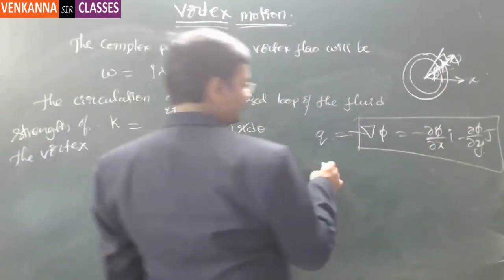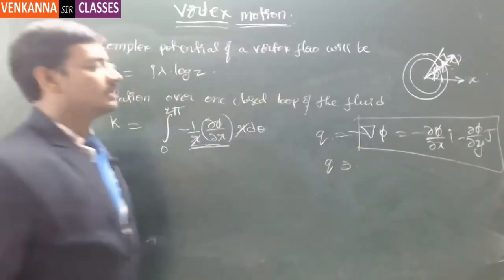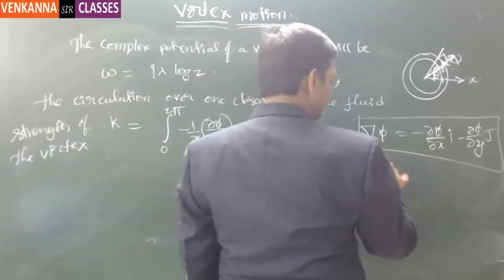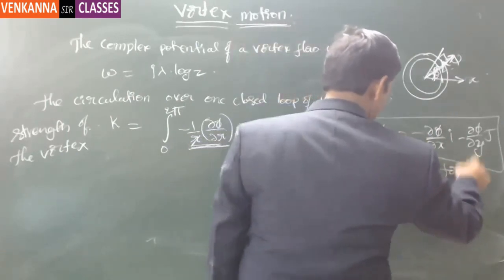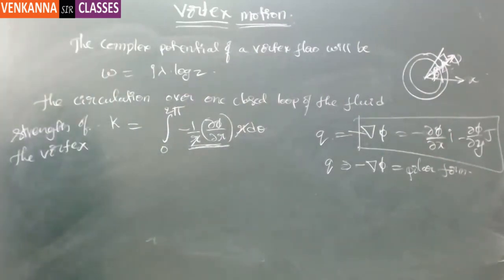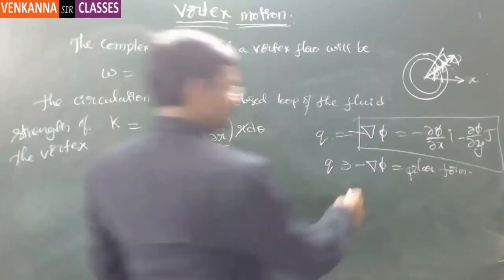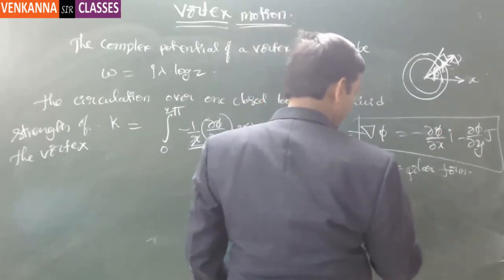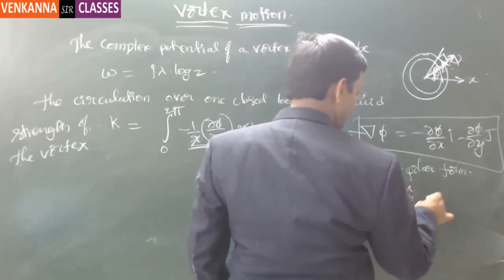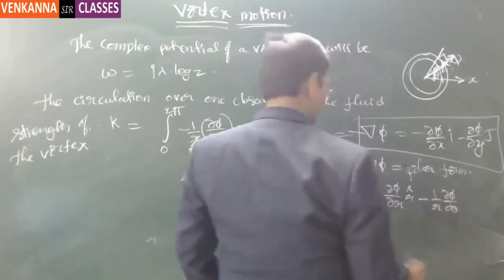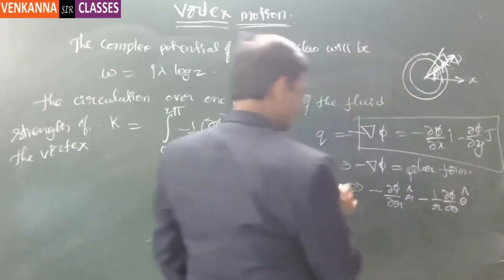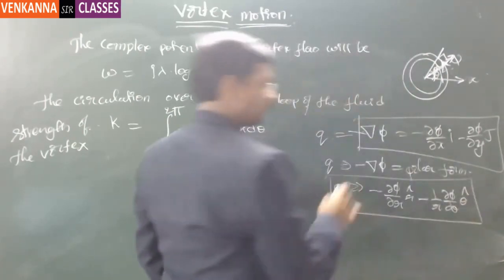Now in the polar form, del has to be expressed in polar, so Q is minus dou phi by dou r into r cap minus 1 by r dou phi by dou theta into theta cap. So these are the velocity components in polar form.